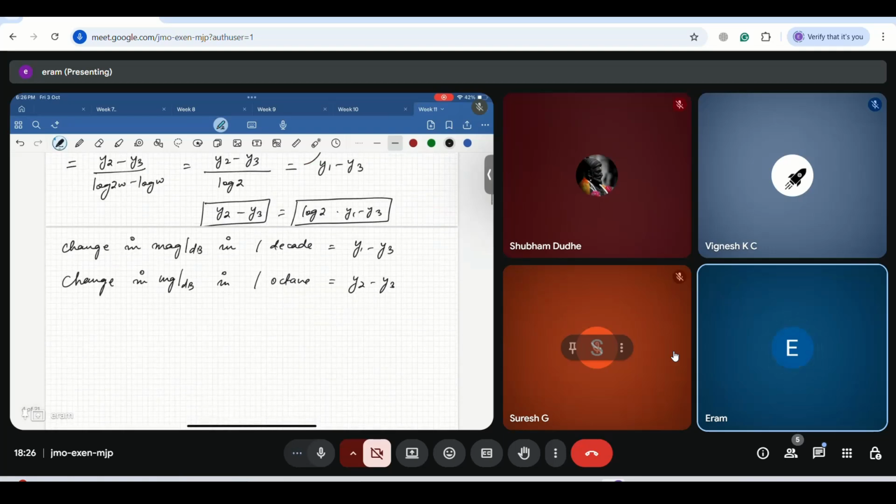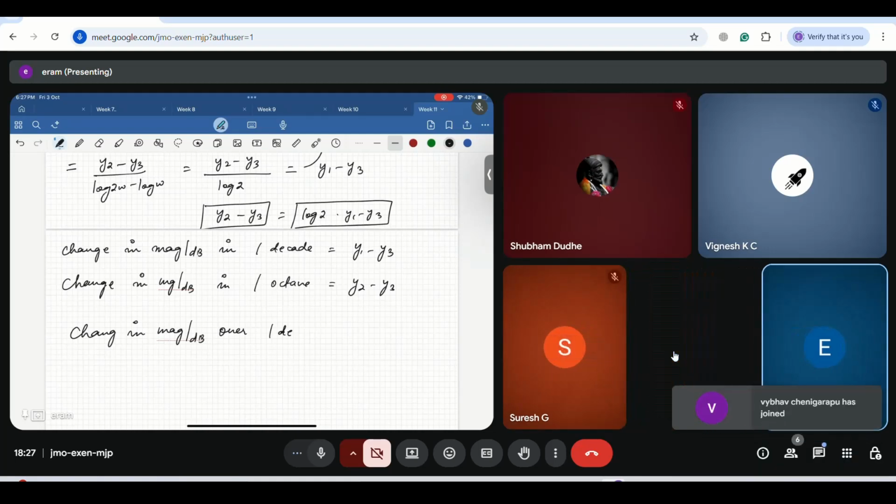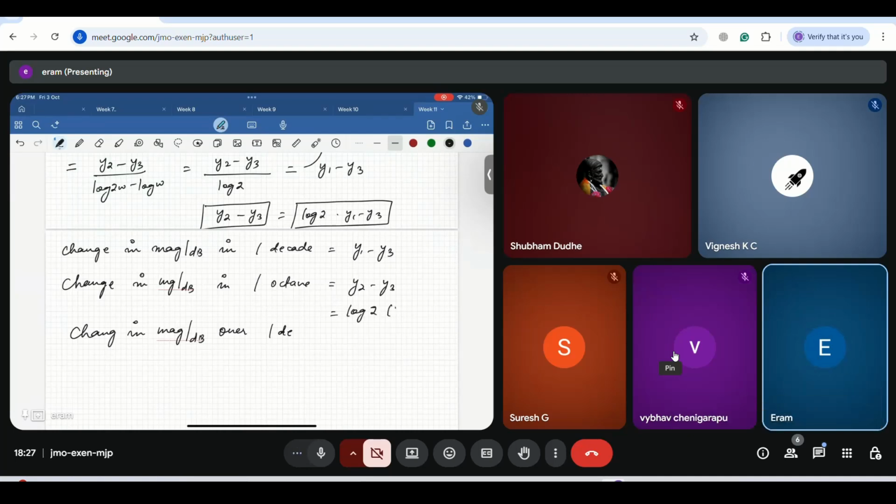That means the change in magnitude in dB over one decade, or this we can write as log 2 times y1 minus y3.